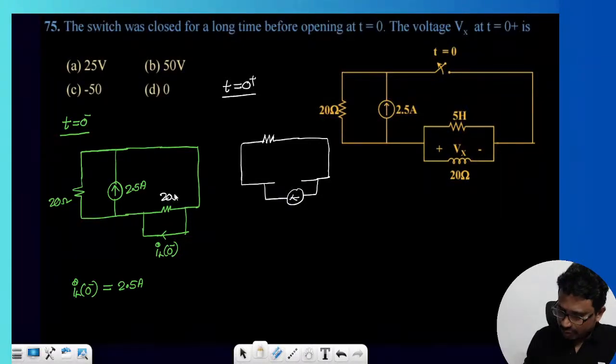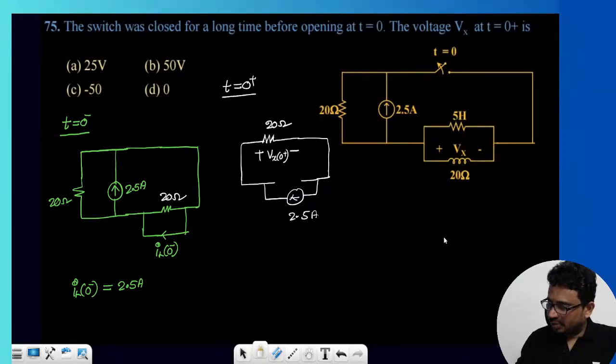This is 20 ohms, and here this current is 2.5. We need this voltage now, Vx of 0 plus.